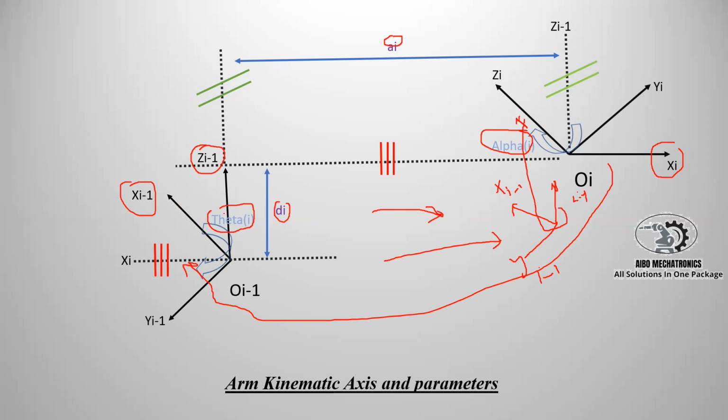The name of theta i is joint parameter, and the name of alpha i is link parameter. Also di is the joint parameter, and ai is the link parameter. They call it like this in the Denavit-Hartenberg convention. I hope this is clear, and let us go to the next slide.